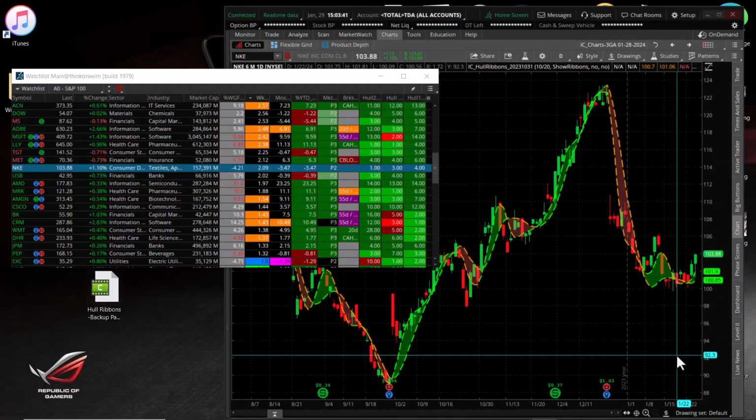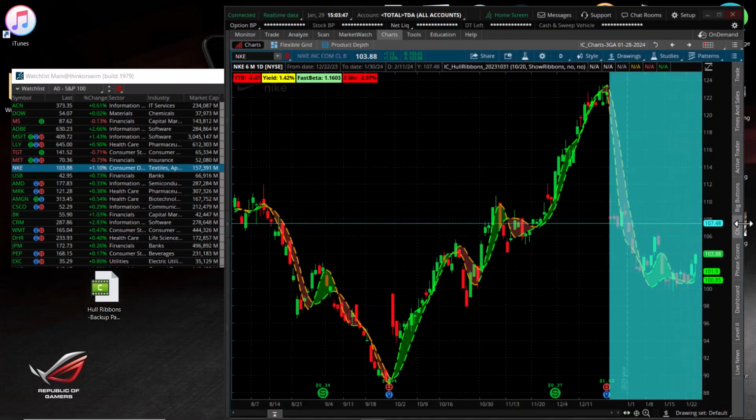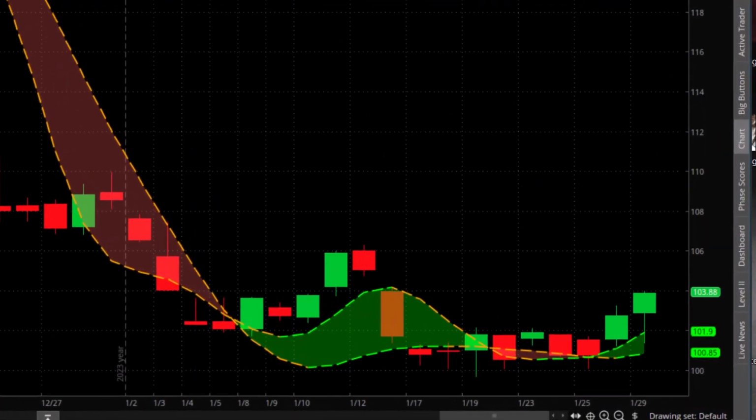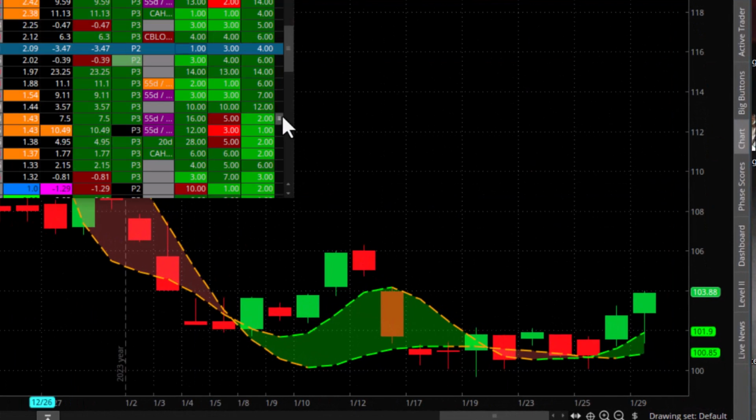So, okay, let's look at Nike on the chart. The best way to do this is to actually zoom in so we can look at it. According to this, the Hull ribbon now has a bullish posture. It's been there for the last 3 days.